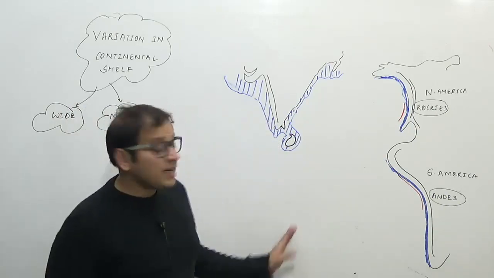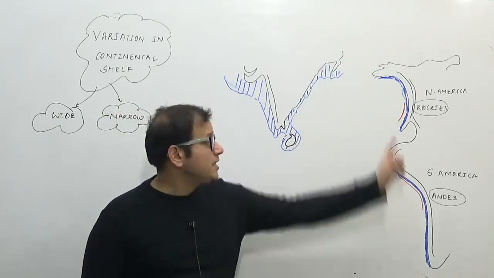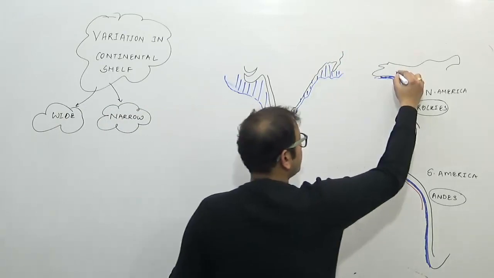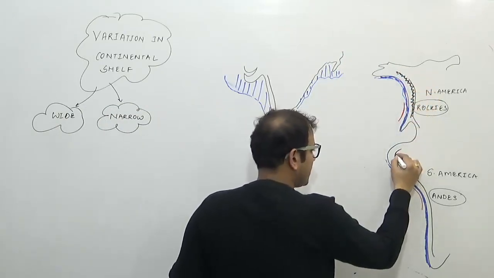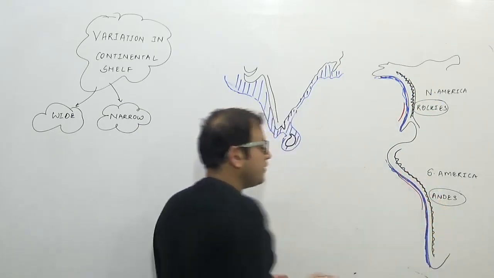On the other hand, look again at the map of North America and South America. You will see that there is no lighter color. Most of the color of the continental shelf is darker.